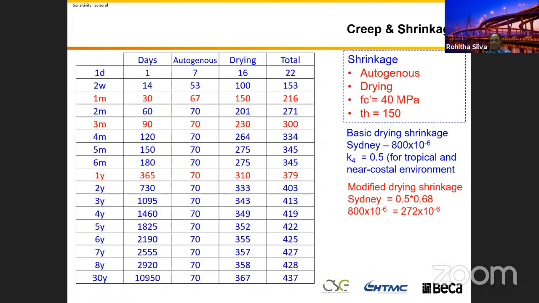If I summarize this creep and shrinkage topic, when you do a bridge design, don't use the code blindly. Pay a bit of attention, calculate this table, and put yourself in the position of building the bridge, where I'm standing and when I'm putting my load.